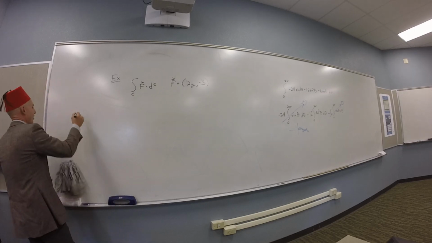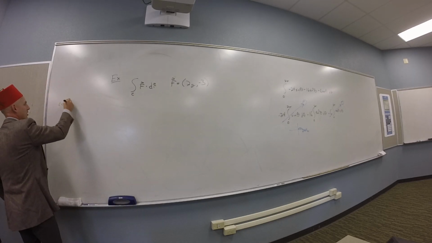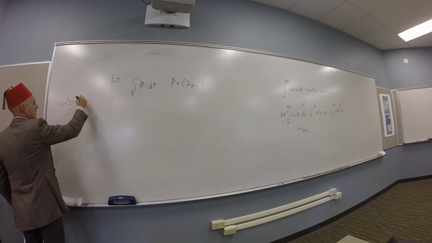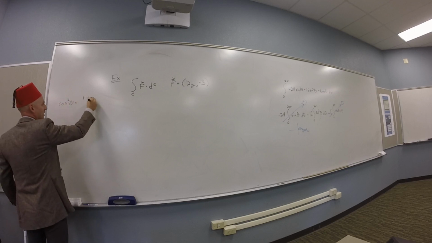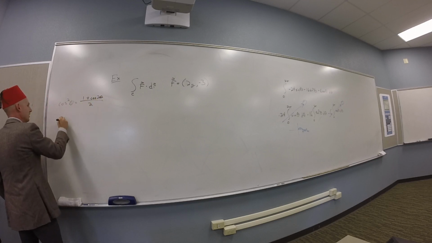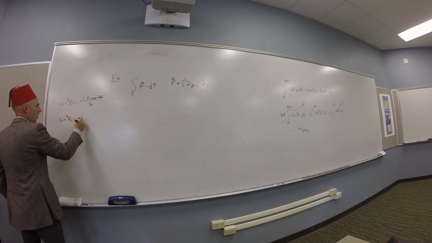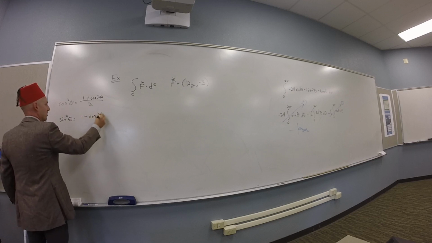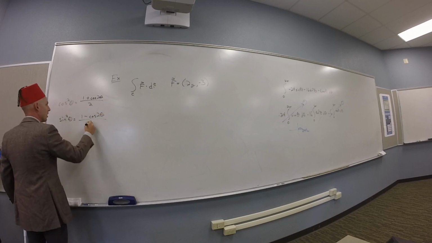Okay, so what you need to know are these two. Cosine squared of theta is 1 plus cosine 2 theta over 2. And sine squared of theta is 1 minus cosine of 2 theta over 2.